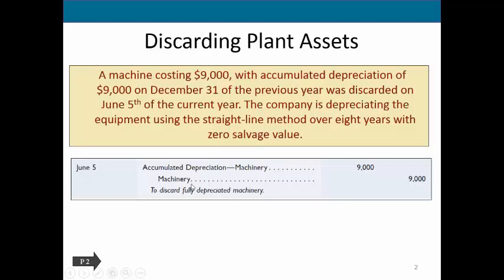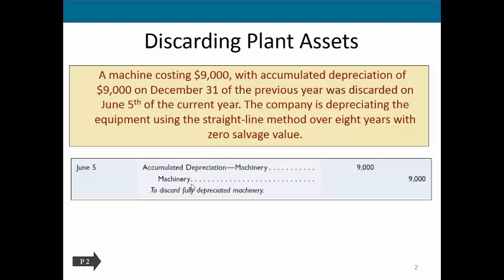If it was originally on there at $9,000 as a debit, a credit of $9,000 will bring that value to zero because now that we have discarded this plant asset, we don't need it on the books, so the value should be zero. We also need to take off all of the accumulated depreciation related to that asset. Because we no longer have the asset on our books, there's no reason to be keeping track of that accumulated depreciation.